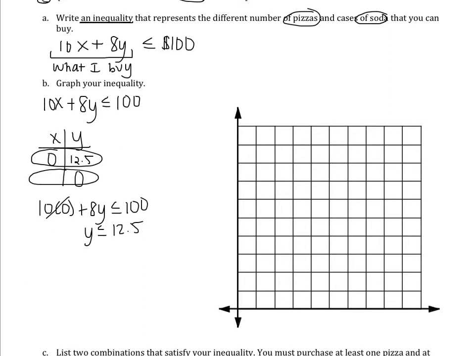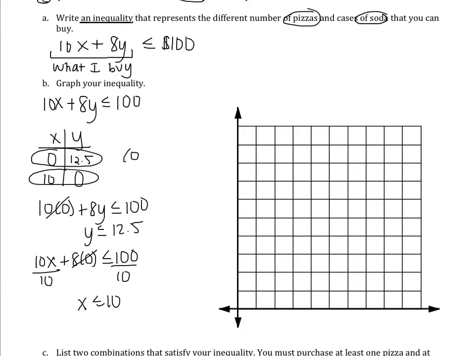My second point says put 0 in for y. So this time I get 10x plus 8 times 0 is less than or equal to 100. Now 8 times 0, that's just 0. So I'm just going to cross that out. So I have 10x is less than or equal to 100. If I divide by 10, I get x is less than or equal to 10. Don't really care about the inequality. All I care about is that point 10.